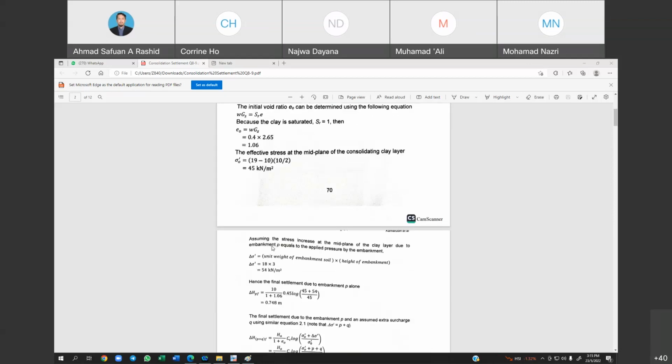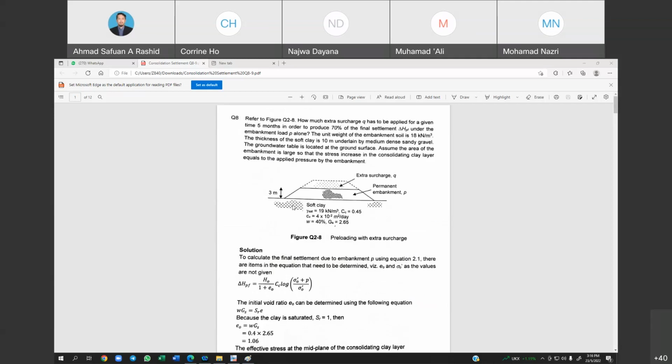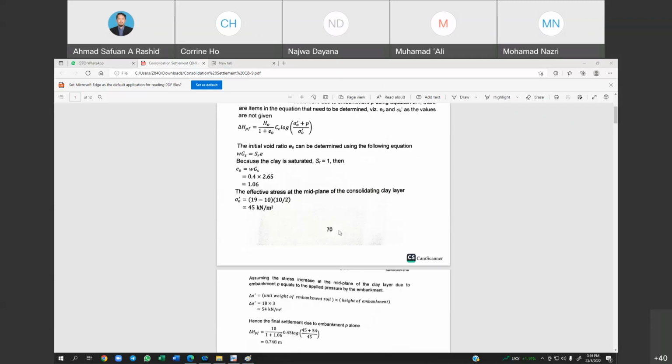Assuming the stress increase at the mid plane due to the embankment P equals the applied pressure by the embankment, so unit weight of the embankment soil times height of the embankment, 18 times 3. They assume it is large and equal from the top to the mid plane. So 18 times 3 is equal to 54.